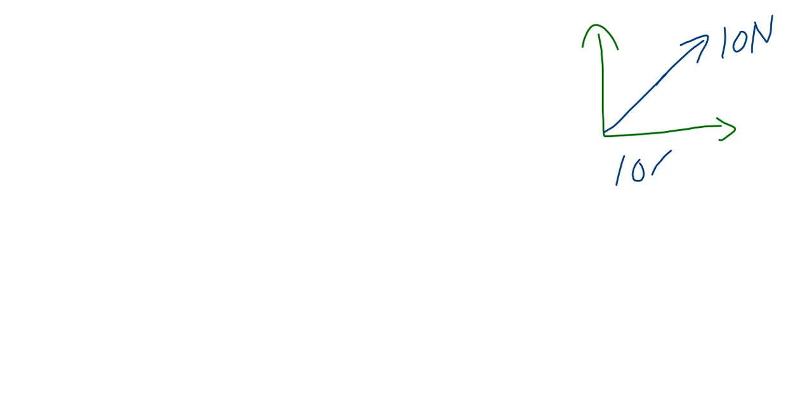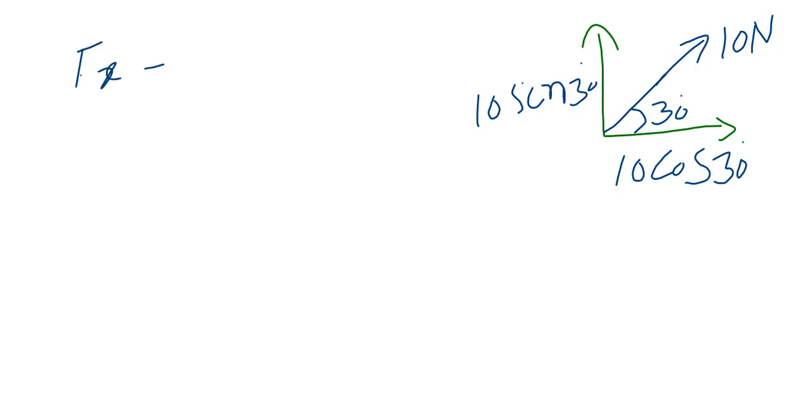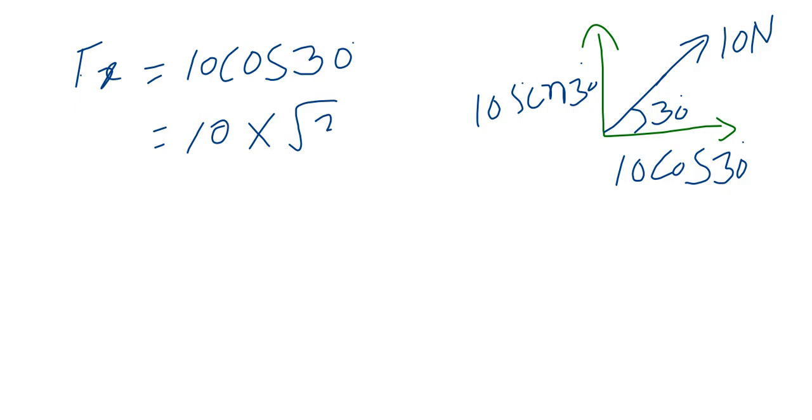So the first component Fx is 10 cos 30. The value of cos 30 degrees is root 3 by 2. So Fx is 5 root 3. What is the unit for force? Newtons.